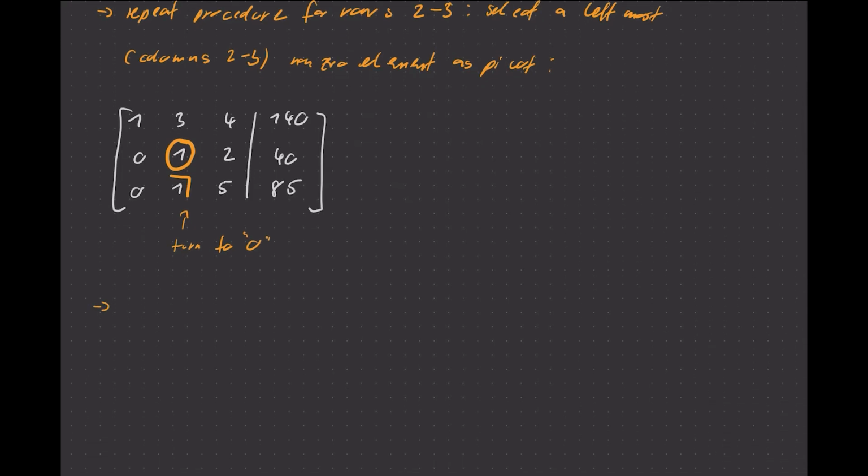Okay, so next step is again perform row operations on rows 2 to 3. Turn the column below the pivot into 0 entries.